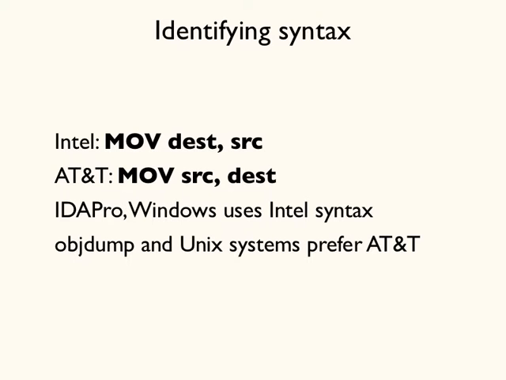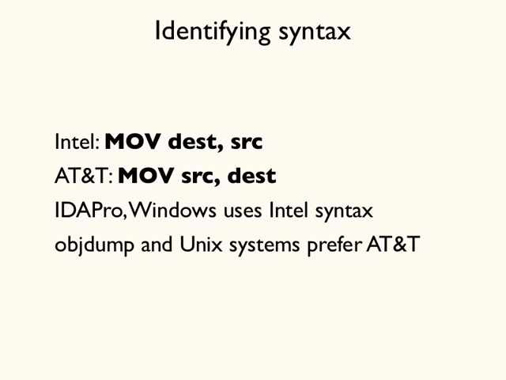Here is an example. In Intel, if you want to move source to destination, the destination is put here and the source here, and AT&T is different. This is very complicated sometimes because as a security person or as a hacker, you're going to use all of the tools, and sometimes you need to use IDA Pro, which uses the Intel syntax.